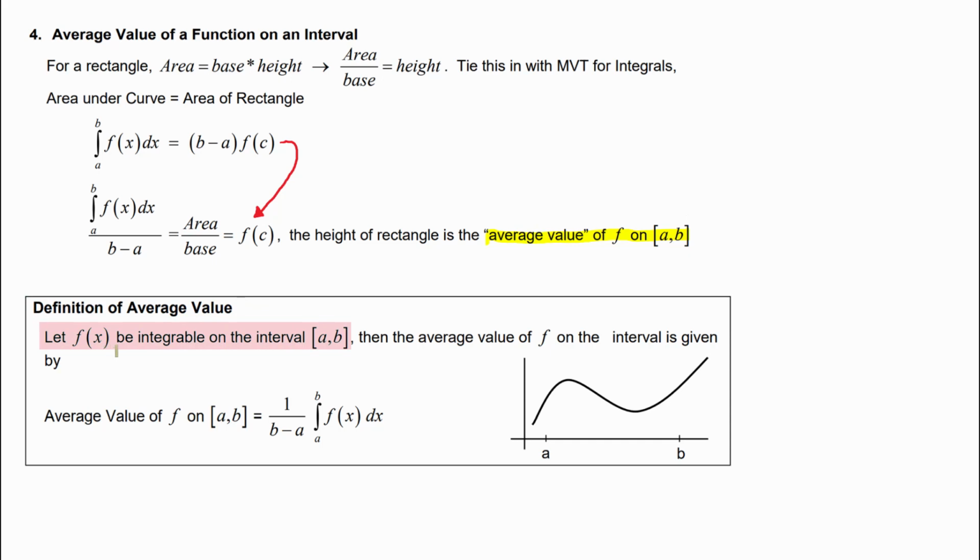Let f be integrable on the interval a to b. Then the average value of f on the interval is given by the average value of f on a to b is equal to 1 over b minus a times the integral from a to b of f of x dx. I would like to keep that equal to f of c that we learned from the mean value theorem for integrals.